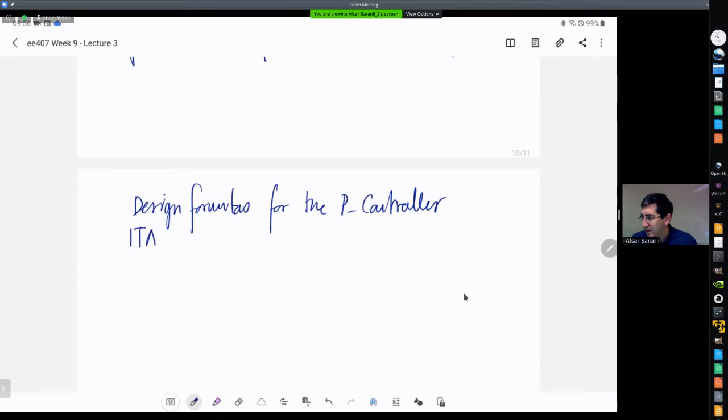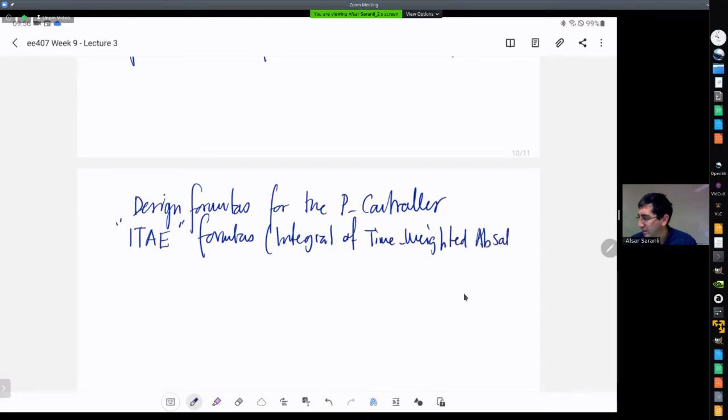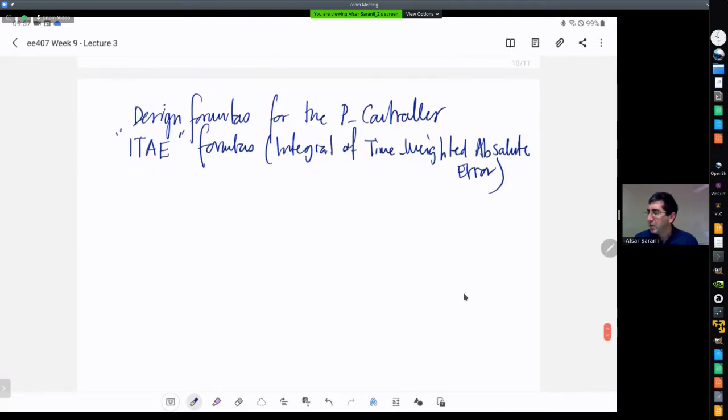Okay, so these are so-called ITAE formulas. They are based on minimizing the integral of the time-weighted absolute error. Okay, so they just specify a P controller. That means they just specify a simple gain for the controller.